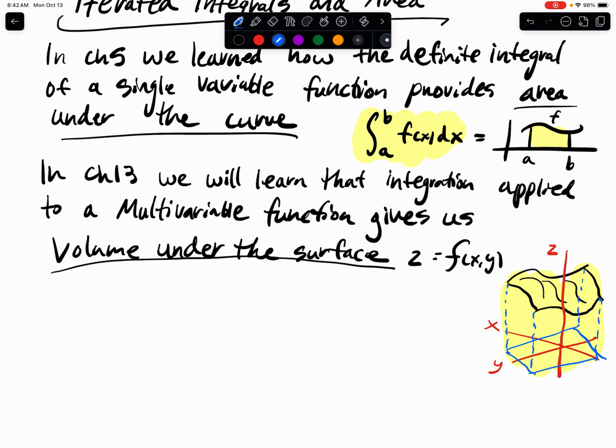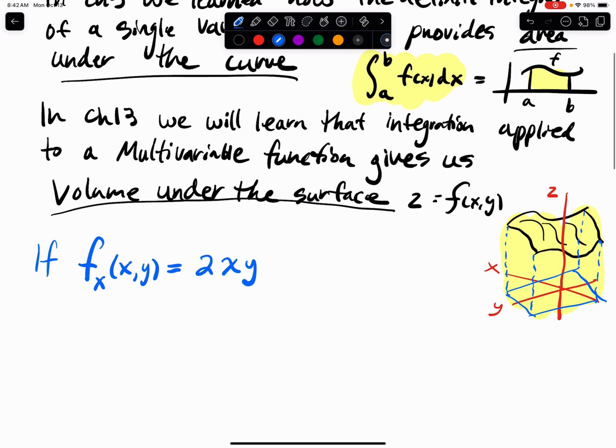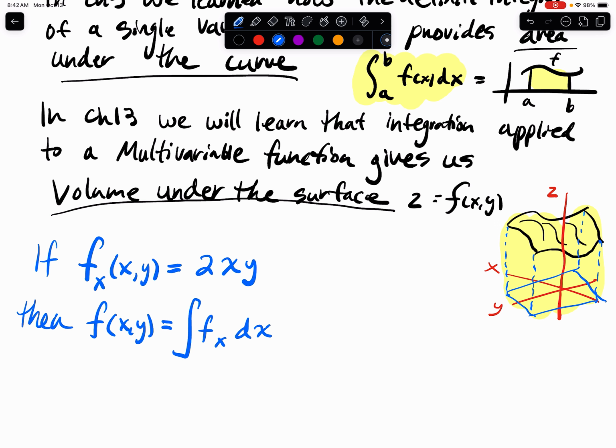So let's start with f sub x, the first partial with respect to x of the function, is equal to 2xy. Then f of x, y is equal to the integral of f sub x with respect to x. So what does that look like? That's the integral of 2xy dx.